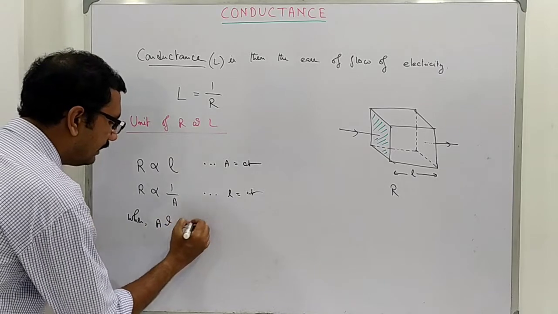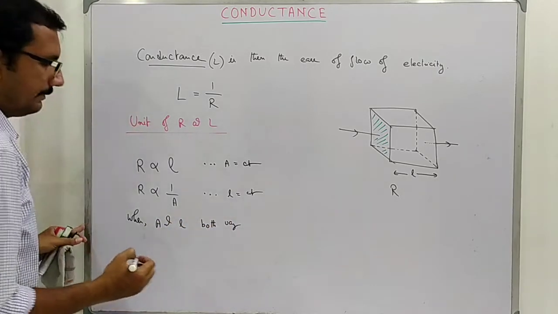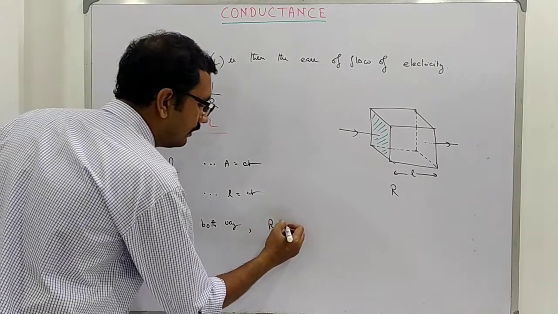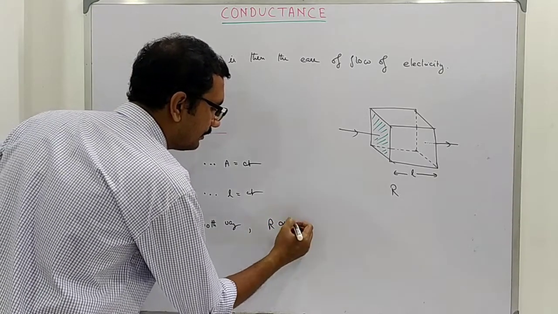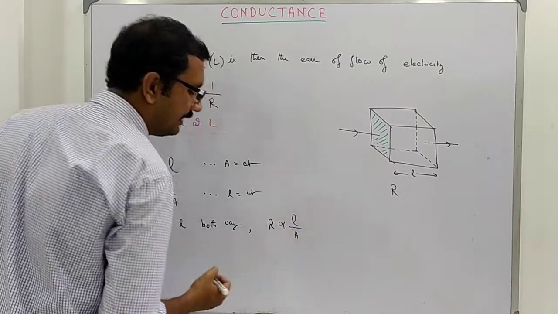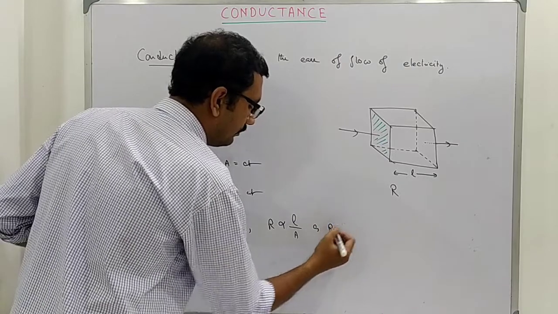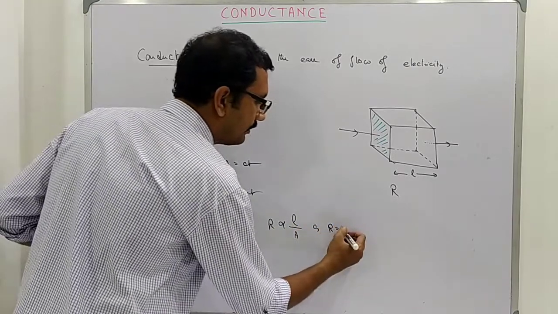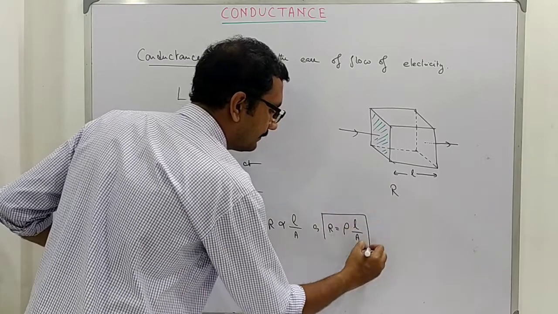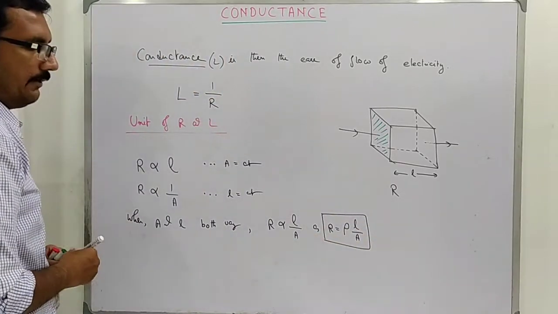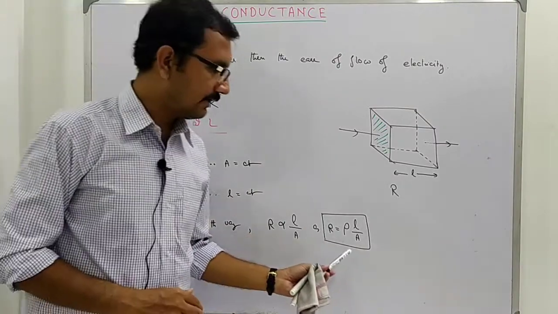Now, when A and L both vary, then what happens? R becomes proportional to L by A. Now, again we need a proportionality constant, so it will be R equals rho L by A. Now, as I have said just now, do not ignore this proportionality constant.